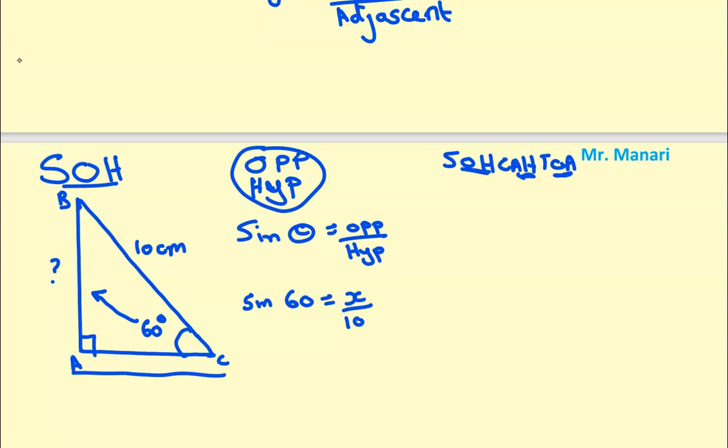Therefore, to find the value of x, we multiply both sides by 10. We are solving for x, so x is going to be 10 sine 60.